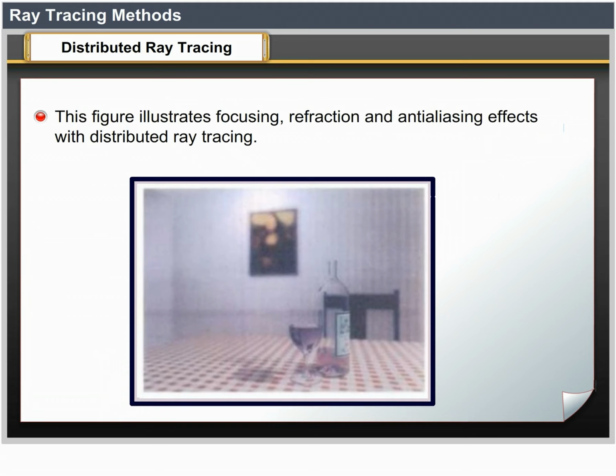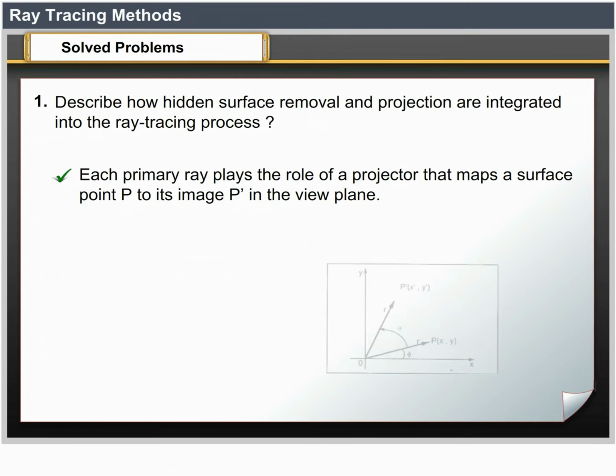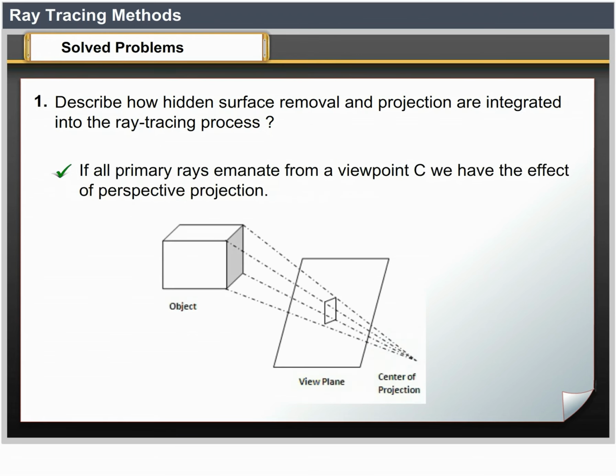Solved problems. Describe how hidden surface removal and projection are integrated into the ray tracing process. Each primary ray plays the role of a projector that maps a surface point P to its image P' in the view plane. If all primary rays emanate from a viewpoint C, we have the effect of perspective projection.